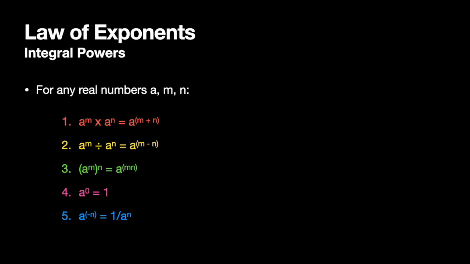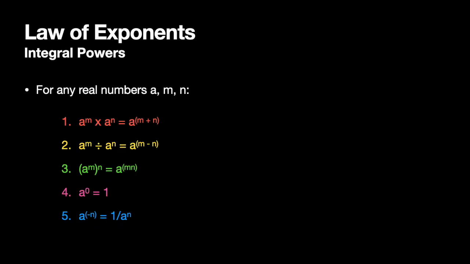Remember, the base is a number being raised. So in this case, the base is the real number represented by a. So a to the power of m times a to the power of n equals a to the power of m plus n. So when we multiply powers with the same base, we just add the powers together.